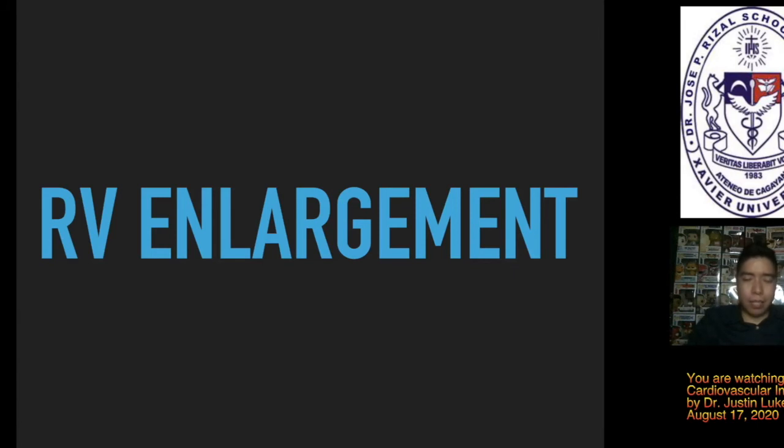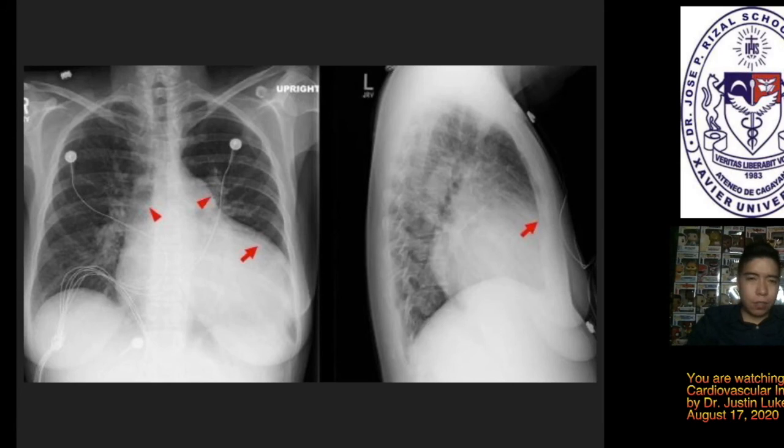Next is RV enlargement. Look at signs of RV enlargement. On frontal radiograph, we look at the pulmonary conus. Usually it's prominent in RV enlargement. And opposite to left ventricular enlargement, which pushes your cardiac apex inferolaterally, for right ventricle enlargement, it's pushed upward.